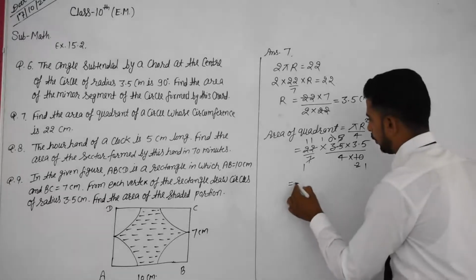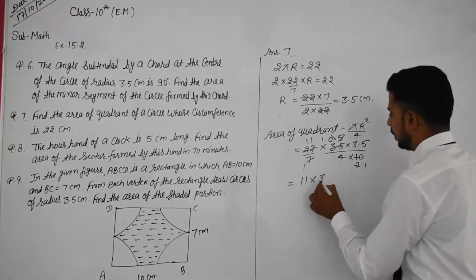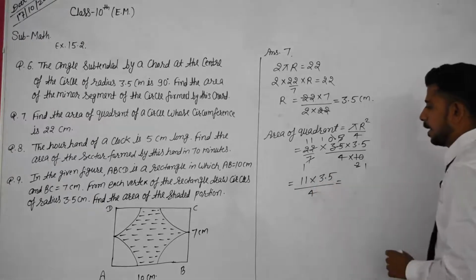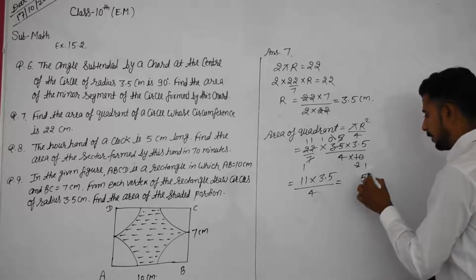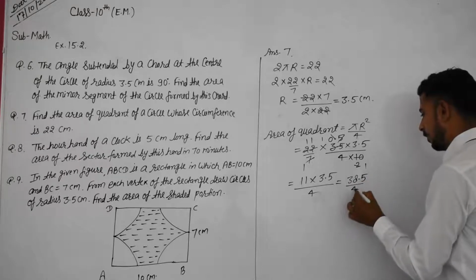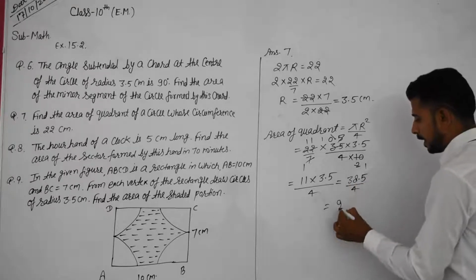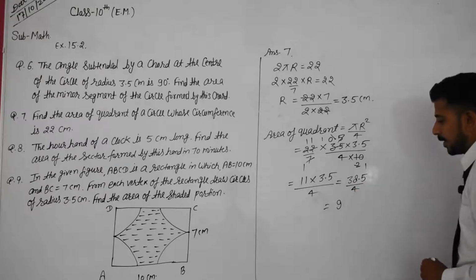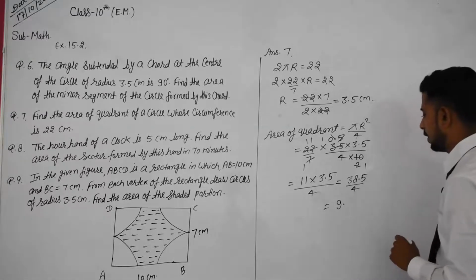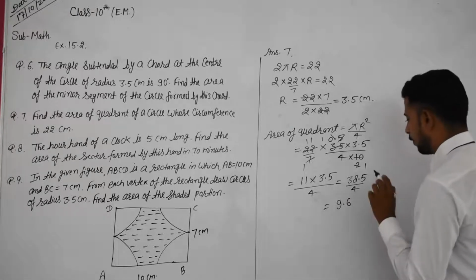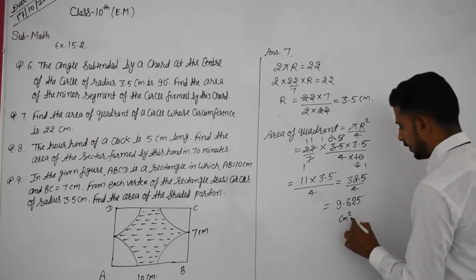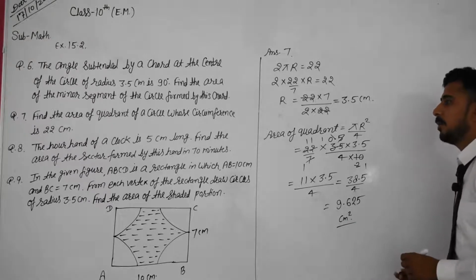Now in the numerator 11 multiplied by 3.5 divided by 4. 11 fives are 55, 5 carry 5, 11 threes are 33 plus 5 is 38. 38.5 divided by 4: 4 nines are 36, remainder 2, after the point it means 25. 4 sixes are 24, 1 remains, 4 twos are 8 and 4 fives are 20. 9.625 square centimeter is the area of the quadrant.